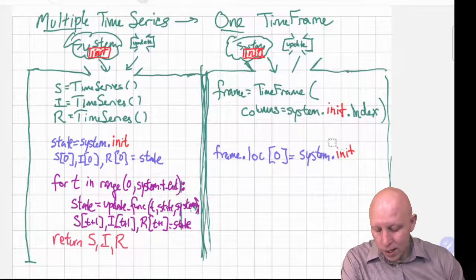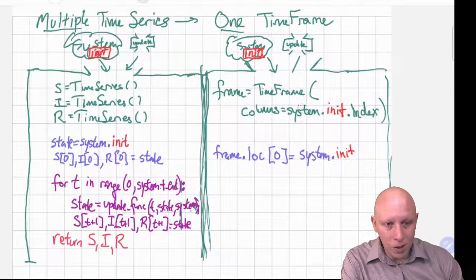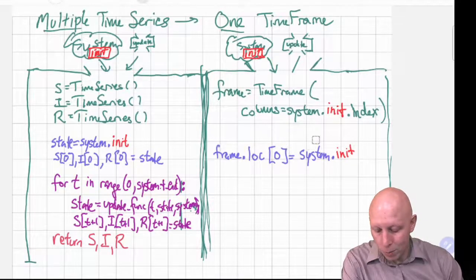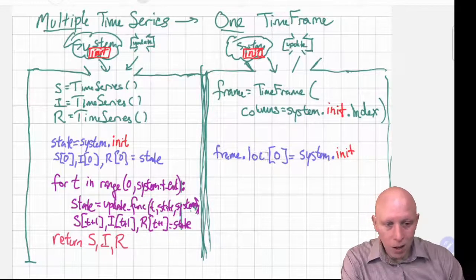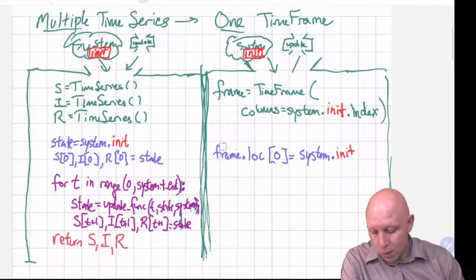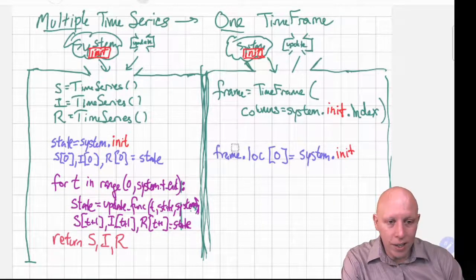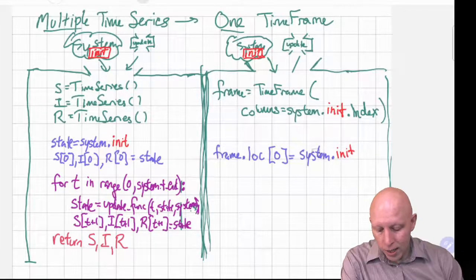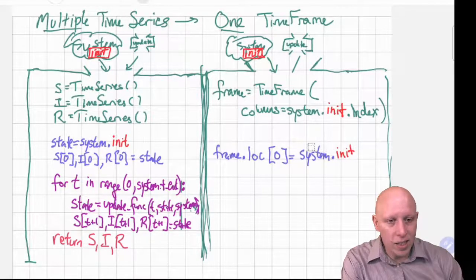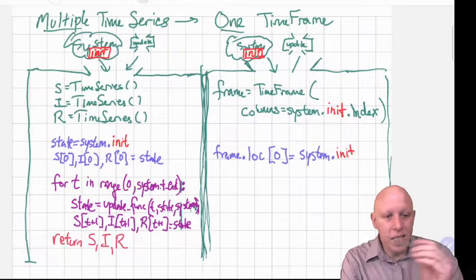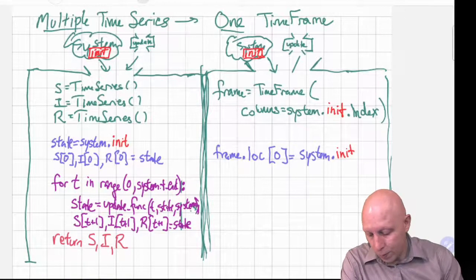And because we know that the columns of the time frame match up with the columns of system.init, frame.loc of 0 knows where to put this data. The columns of the frame are determined by S, I, and R, and because that data is in system.init, it's easy to put that into that first row.